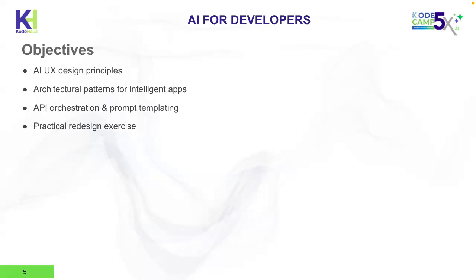So we just discuss some of those, and then we will look at situations where they apply and situations where they don't. Then we'll talk a little bit about API orchestration and prompt templating.